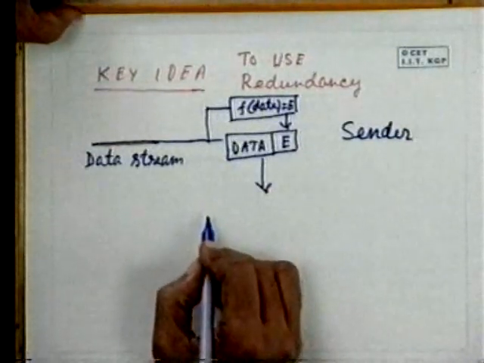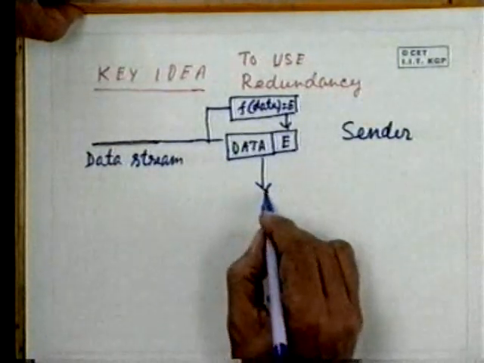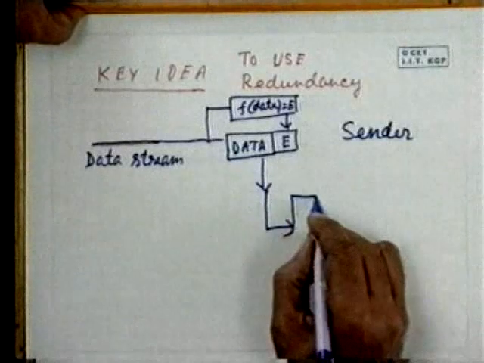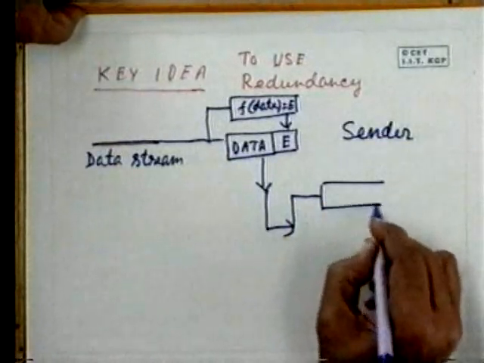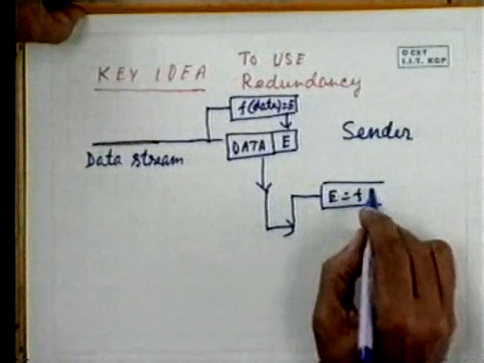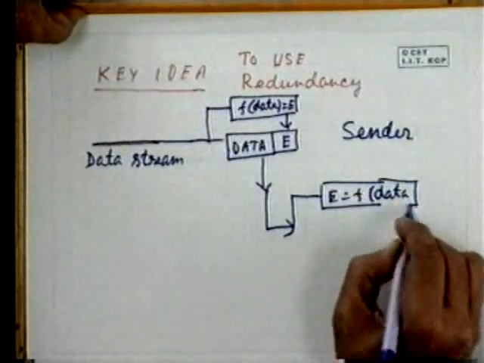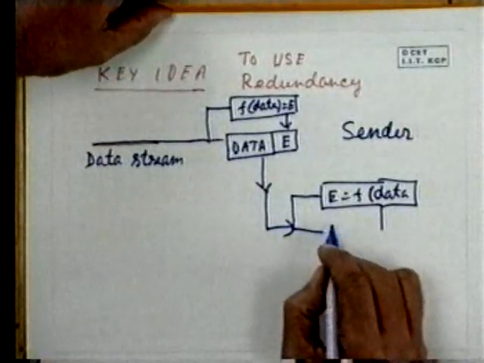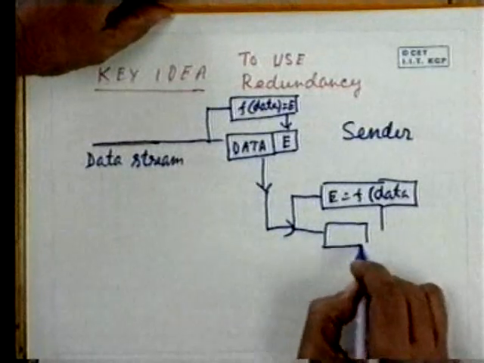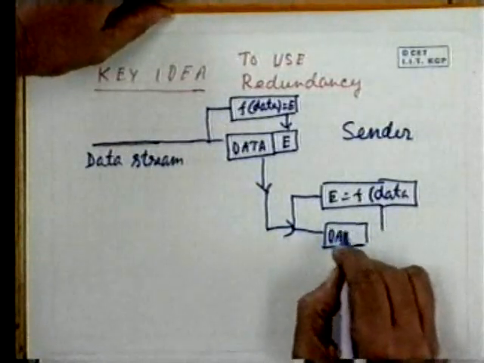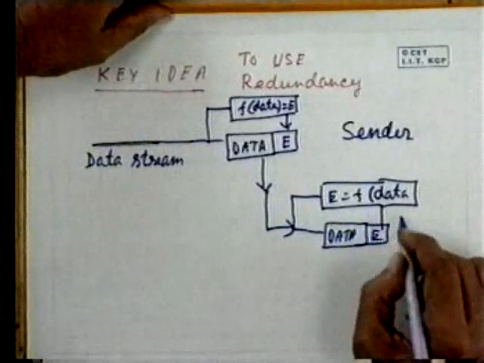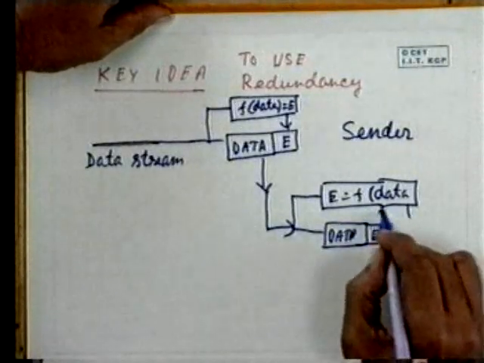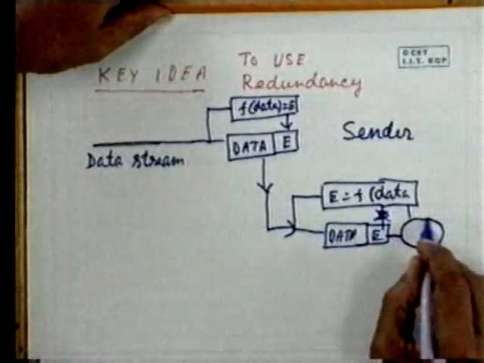And at the receiving end, the receiver receives it, and the same function is applied. Say E is equal to f of data is computed on the data part, and you are receiving the data and the error-detecting bits. This pattern is applied to a comparator.